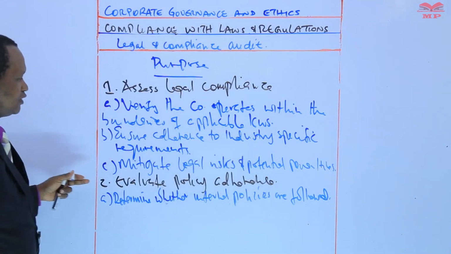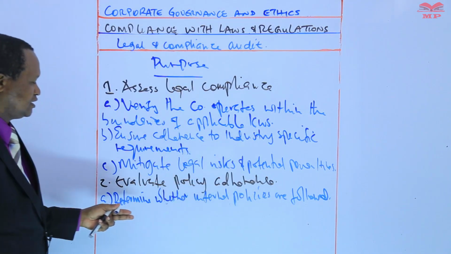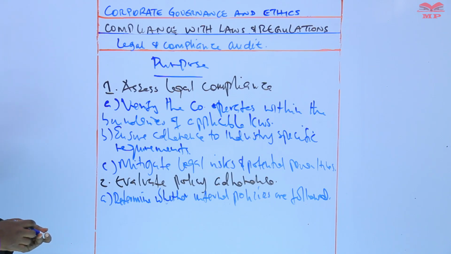In evaluating policy adherence, the auditor seeks to determine whether internal policies are followed consistently across the organization.